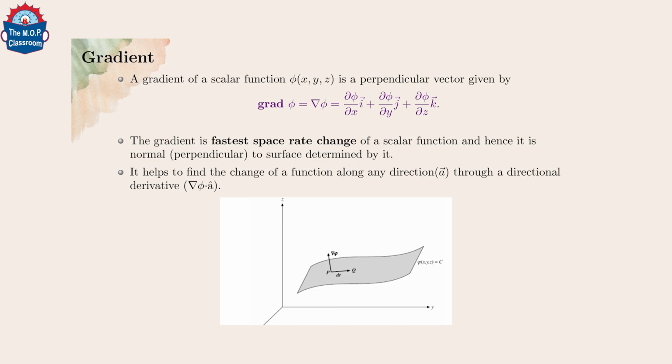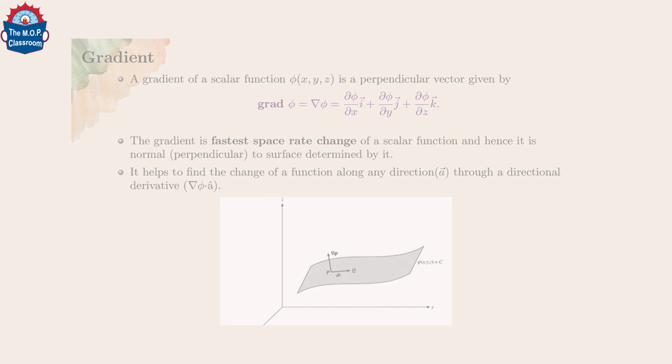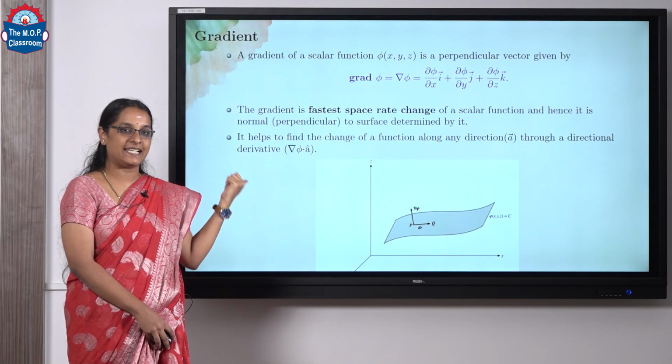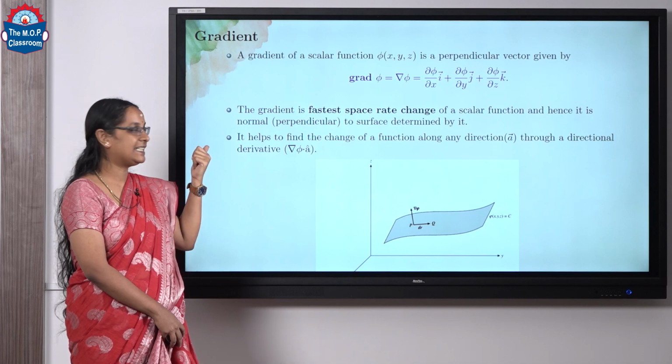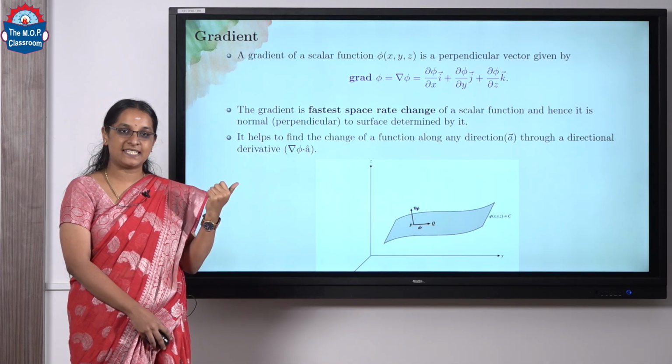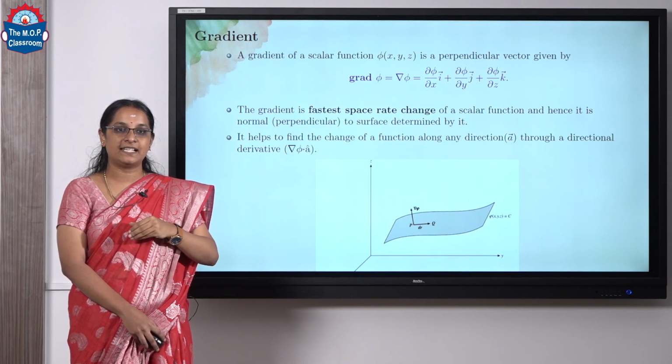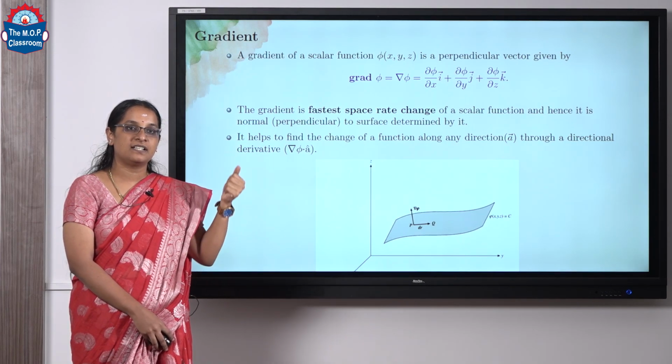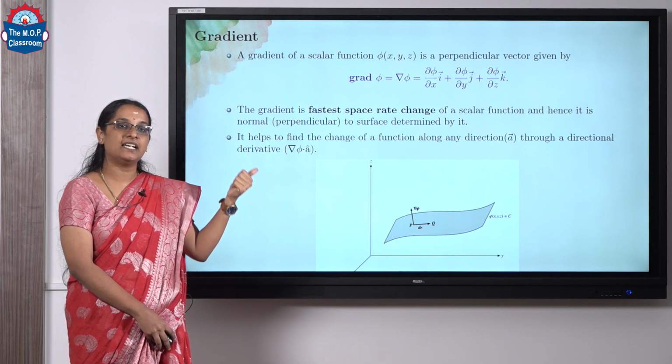When the vector differential operator acts upon the scalar point function, you get the gradient, denoted by grad phi or nabla phi. Interestingly, the operator acting upon a scalar point function gives the gradient, which is in turn a vector.